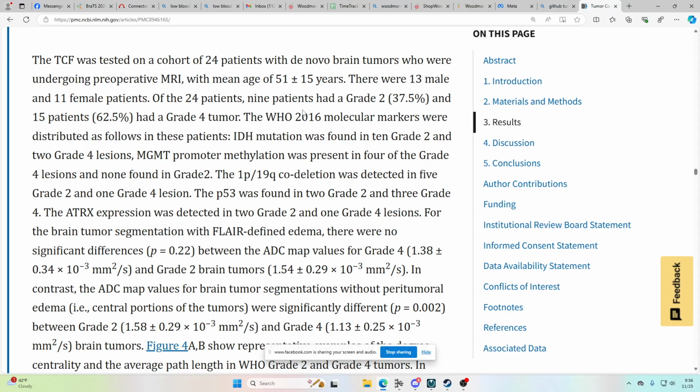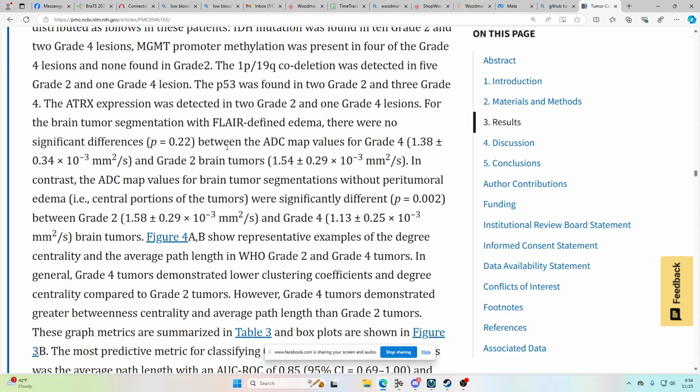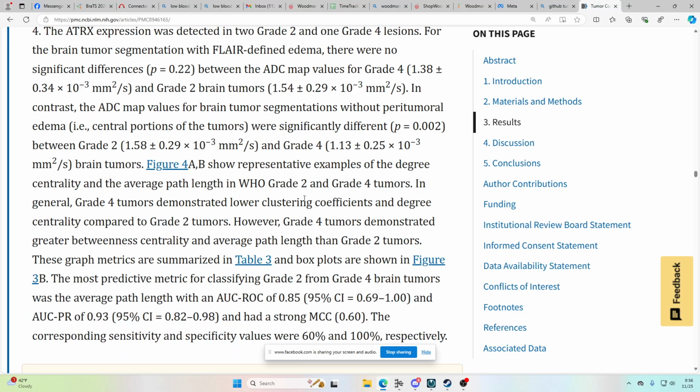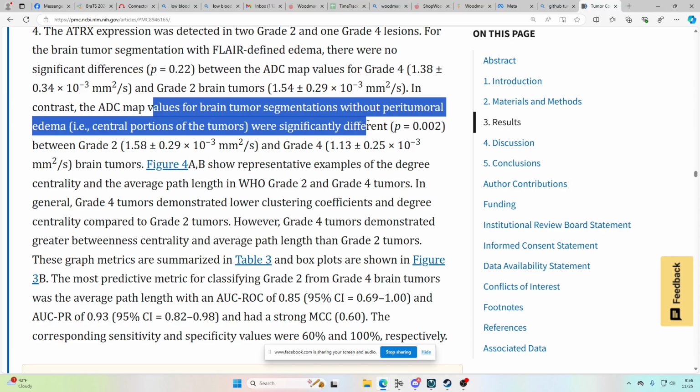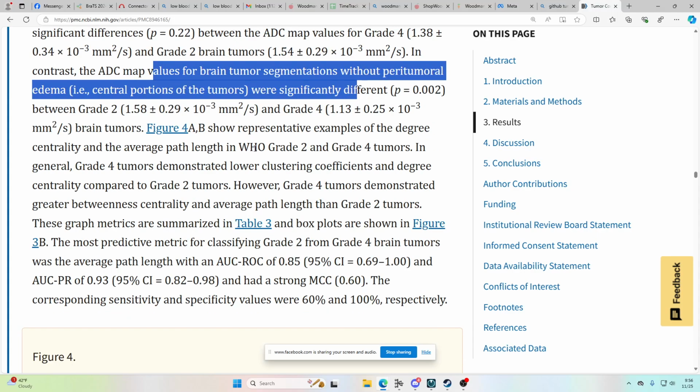They had 24 patients, with ADC segmentations and peritumoral edema. There are different kinds of cancer cells and different kinds of immune cells, and we're trying to get an idea of the mixture of different cells in each area of the tumor microenvironment.